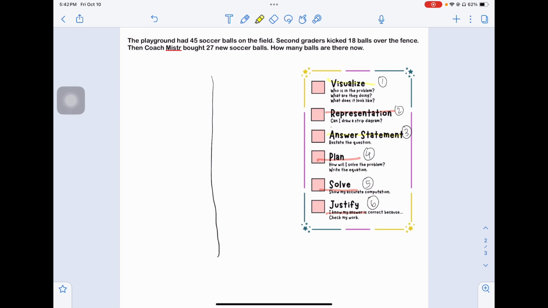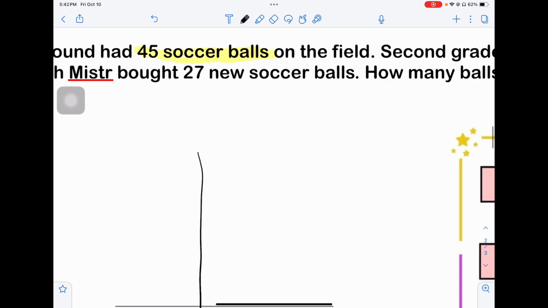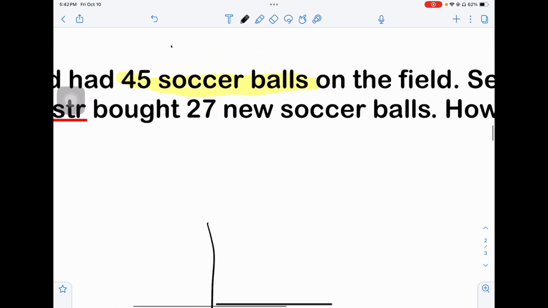Okay, so we're going to think about what we know first. What do we know? The playground had 45 soccer balls. Okay, so I'm thinking in my head, if they have 45 soccer balls, that's going to be our total. That's what we're starting with.